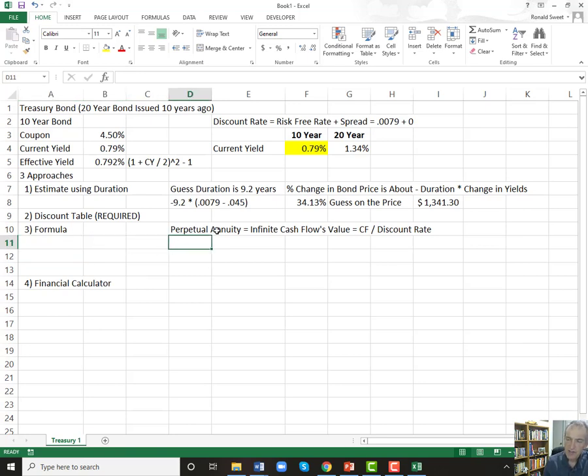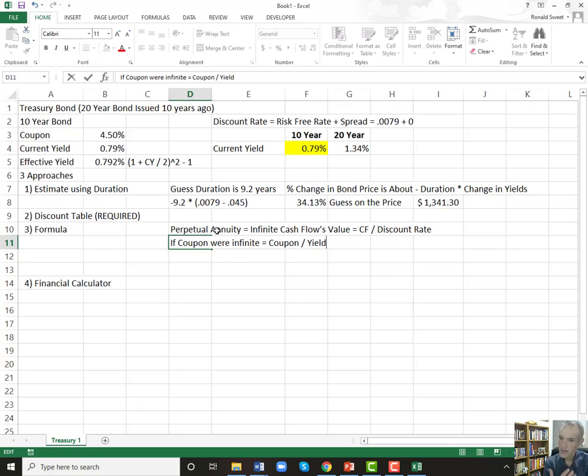This bond doesn't have an infinite cash flow, but let's assume that the coupon were infinite. How much would an infinite coupon be worth? Well, that's going to be the coupon divided by the discount rate, or the yield actually in this case.